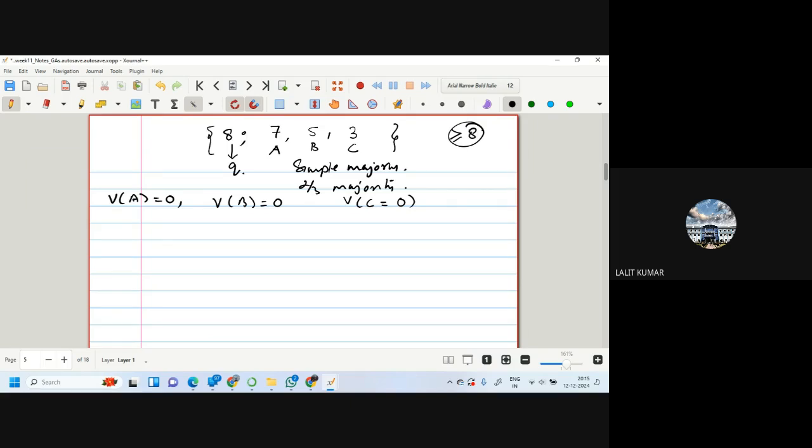Now, when A and B make a collision, their value becomes 7 plus 5, 12, which is greater than 8. So value of AB is 1. Similarly, value of AC is equal to 1. Value of BC is equal to 1. And if all of them make a collision, then value of ABC is also equal to 1. So this is how we formulate this kind of thing.